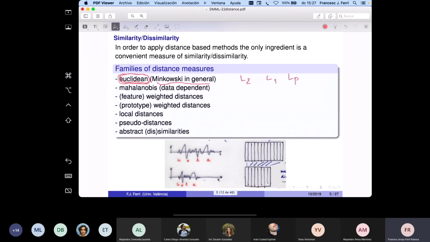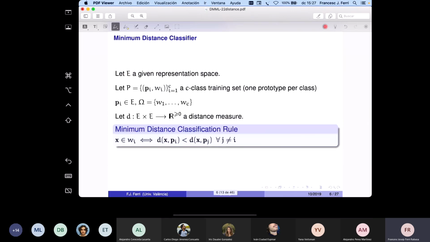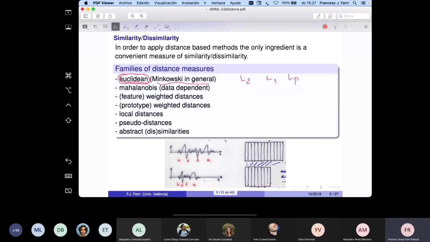In the Euclidean distance, as we move from one point, the places that are at the same distance are hyperspheres. It's okay.